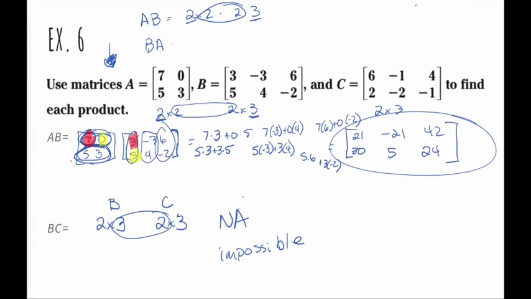If we did BA, that's a 2 by 3 times a 2 by 2. That's not going to work because the two middle numbers are not the same. So, using these matrices from example 6, we can multiply AB and we get this, but we could not multiply BA.